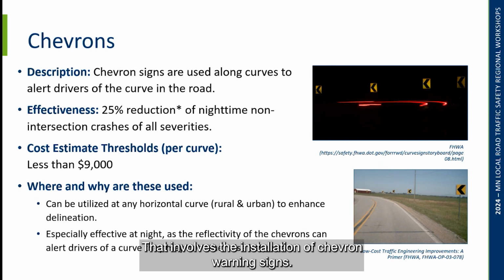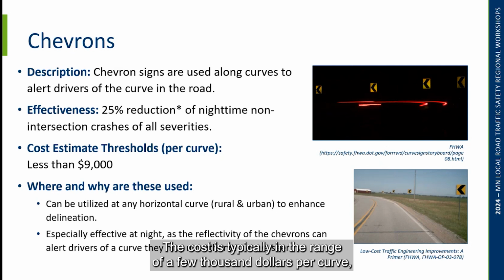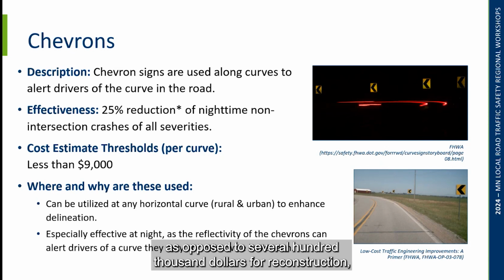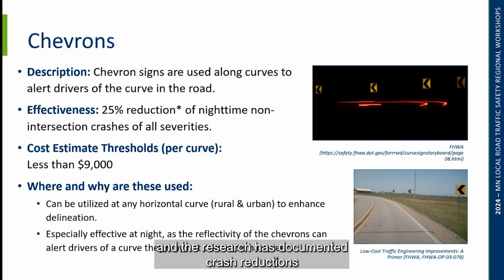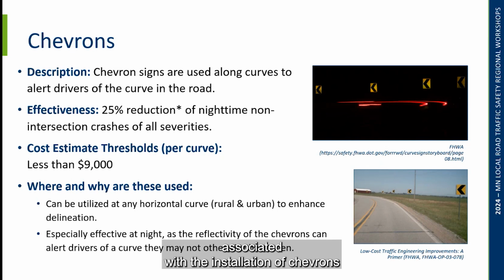That involves the installation of chevron warning signs. The cost is typically in the range of a few $1,000s per curve, as opposed to several $100,000 for reconstruction. And the research has documented crash reductions associated with the installation of chevrons to be around 25%.